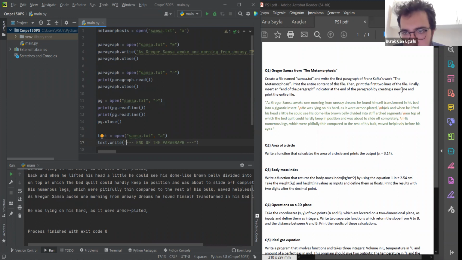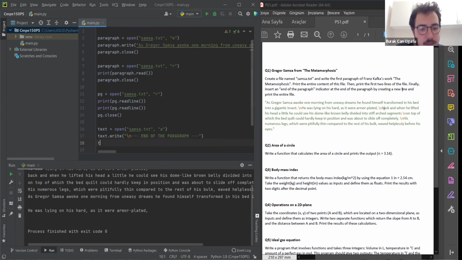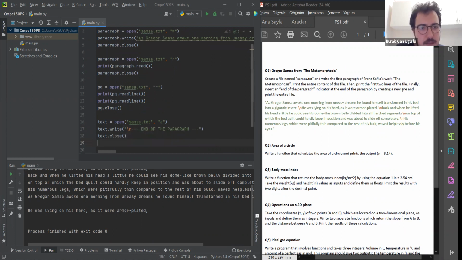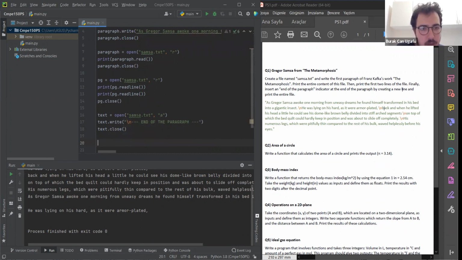So I am putting a backslash and n to indicate that there is a new line here, that the text to be written should be appended on a new line at the end of this text file. And then I am closing the text file again, and I will open it as it is.